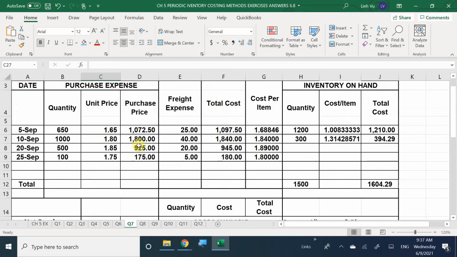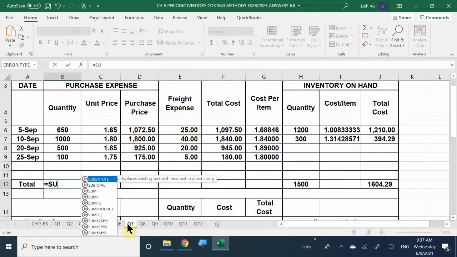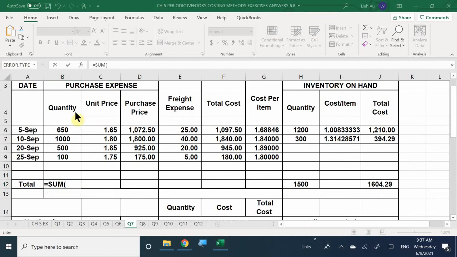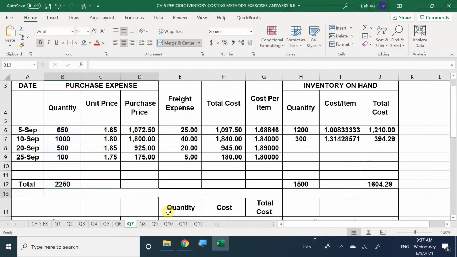Let's start off with my purchases. How much in grand total did I purchase? $2,250. 2,250, right?